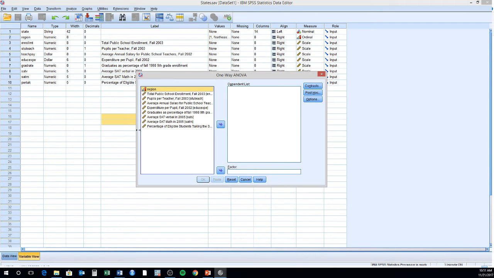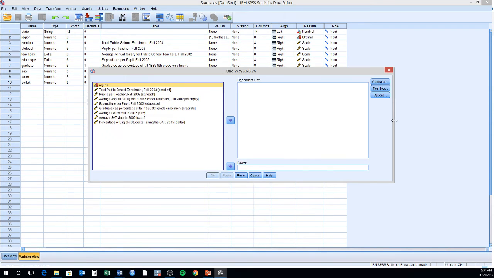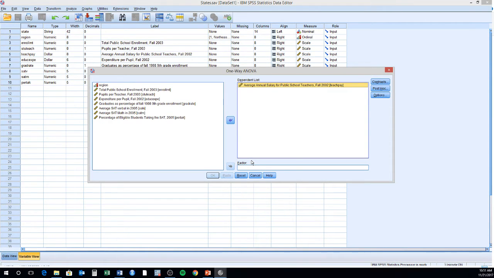As you can see, the dependent variable is always going to be the variable that you are comparing, right? In this case, the dependent variable is going to be the average annual salary for public school teachers. The factor in this case is going to be the grouping variable.